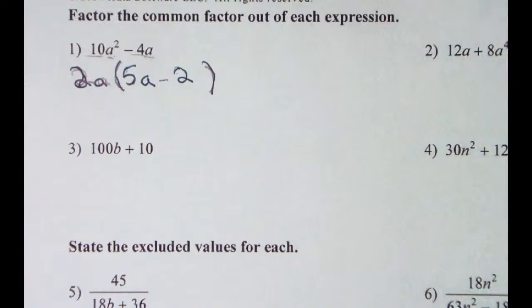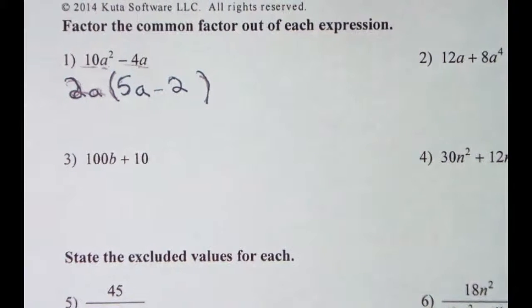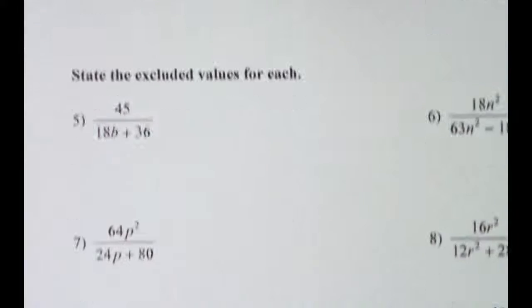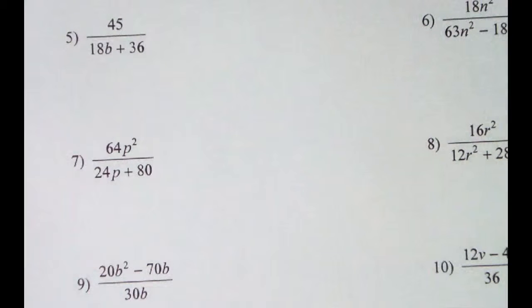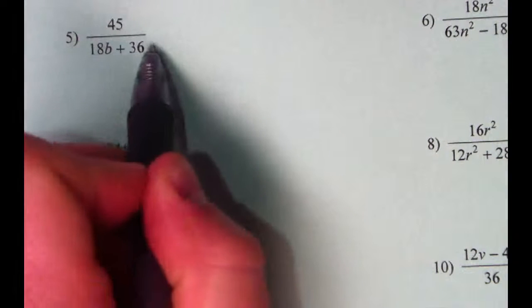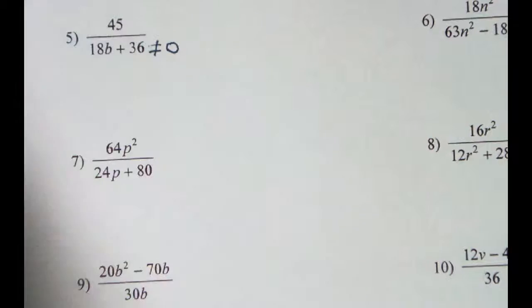And then when we went down to the excluded values, starting on number 5, this is exactly what we do for the excluded values. Now I will show you 2 methods. One method is this. Take exactly what the denominator is, set it not equal to 0, right?